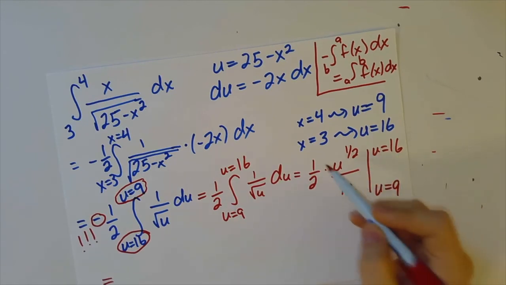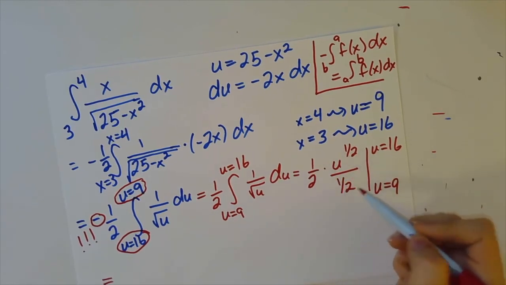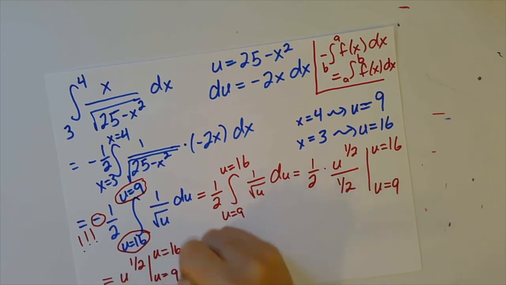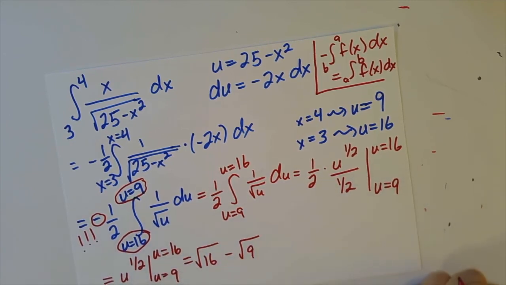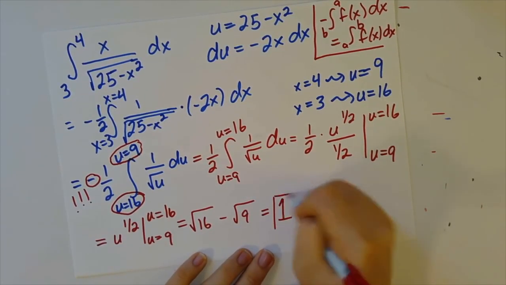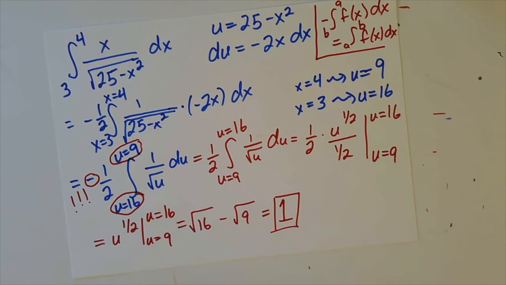Okay, so 1/2 times 1/2 divided by 1/2, that's just u to the 1/2, evaluated as u goes from 9 to 16. So that is to say this is the square root of 16 minus the square root of 9, which is to say at the end of the day, this is exactly equal to 1.